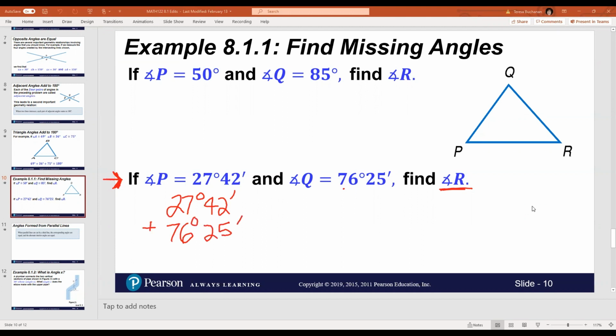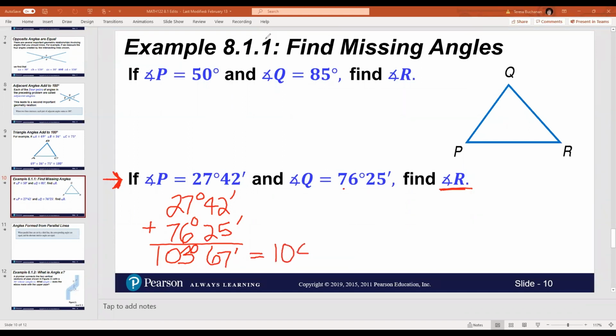Including their minutes, right? So when I add together those minutes, here's what's interesting: I get 67 minutes over here, and in the degrees, 103 degrees. But I have 67 minutes, which says, couldn't I take out 60 of the minutes and call that a single degree and add that in to the 103?